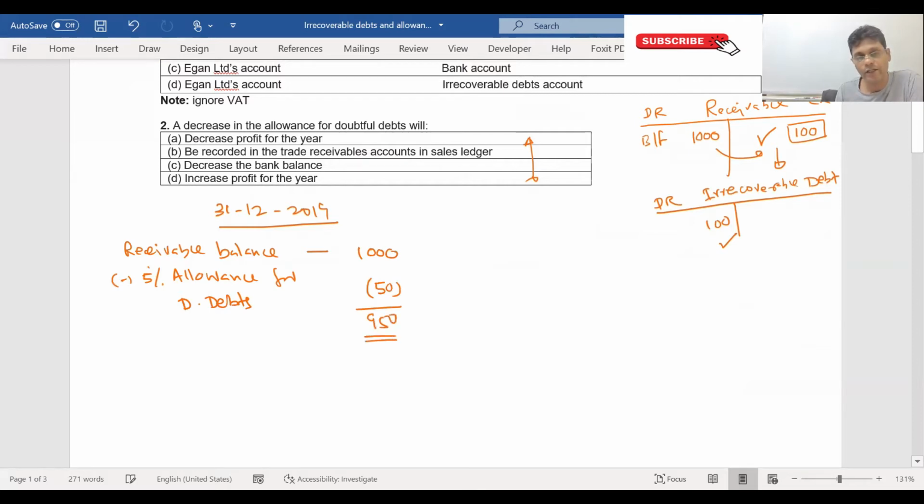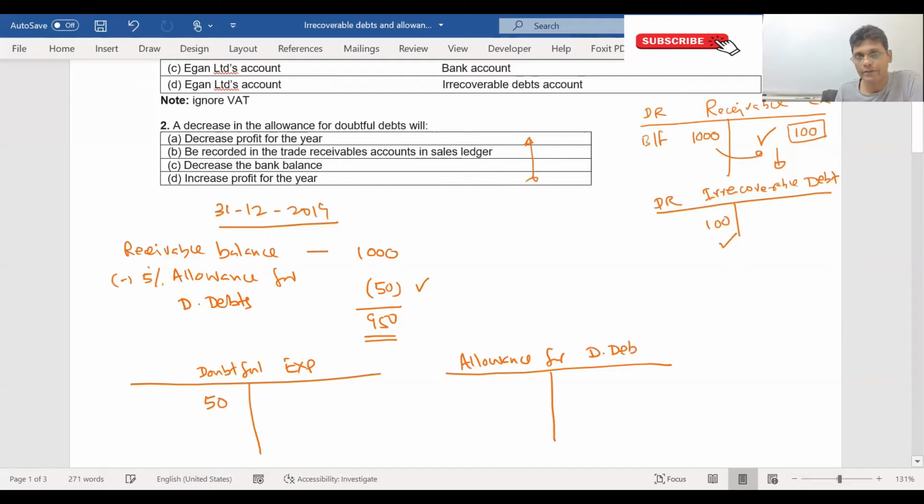So what is the double entry for this? The double entry will be: you need to debit doubtful expenses 50, and allowance for doubtful debts, which is in the statement of financial position, should be credited.